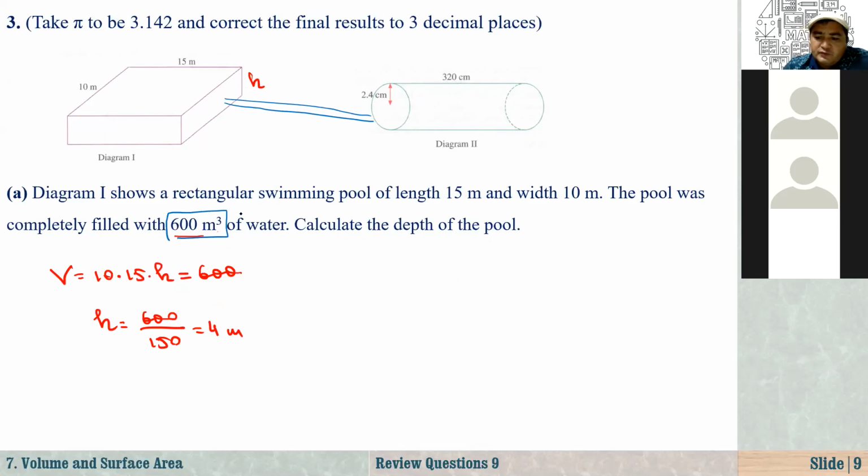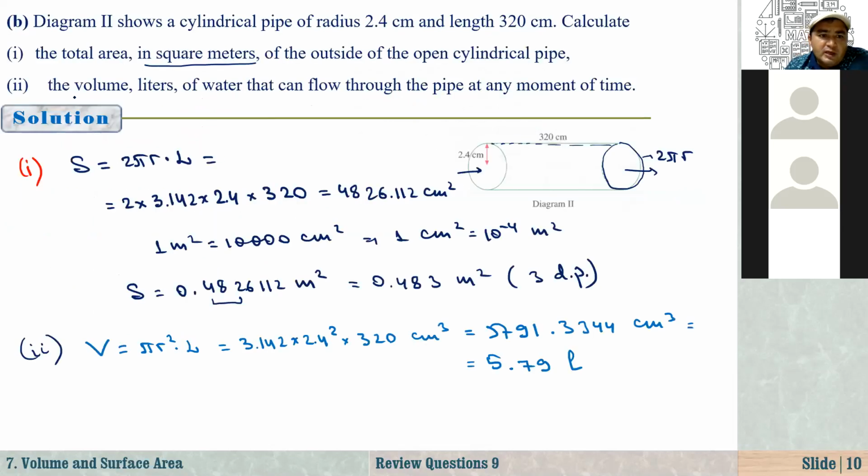And also we know that in the second part of the question, the volume, in liters, of water that can flow through the pipe at any moment of time, we just got this. It is 5.79 liters of water at any moment. So that means that the amount of water in this pipe is 5.79 liters.